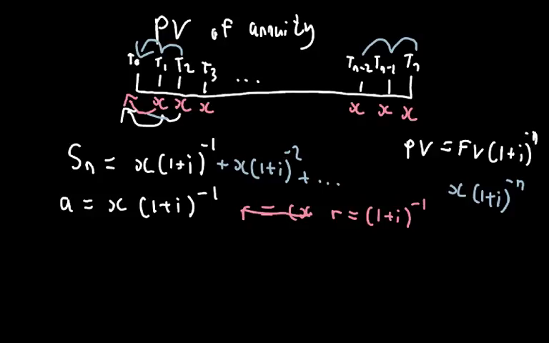So think about it, if you multiply the first term by that, you get x times 1 plus i to the minus 2. If you're confused by that, stop the video and just take a moment to consider it, because this is really, really important, why r is 1 plus i to the minus 1.